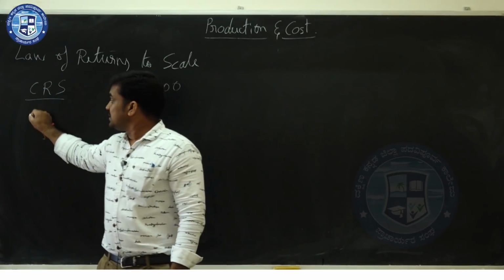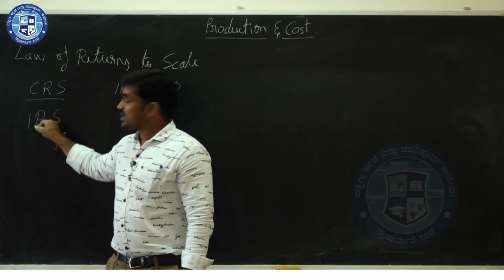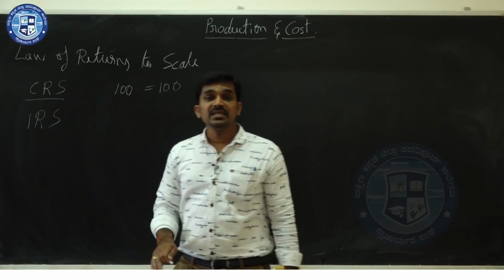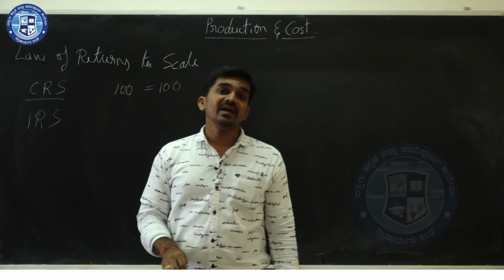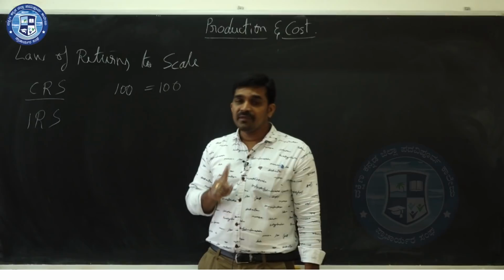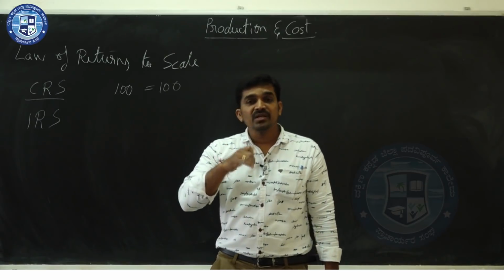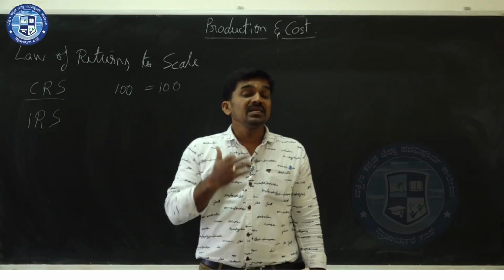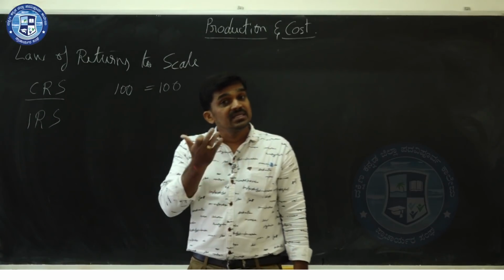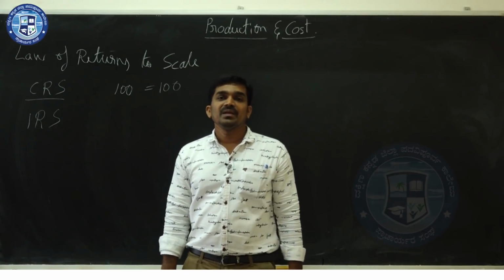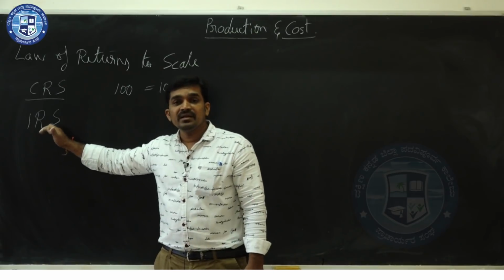First one is constant return to scale. Now the second one is increasing return to scale, IRS. When a proportionate increase in the inputs results in an increase in output by a larger proportion, it is called increasing return to scale.